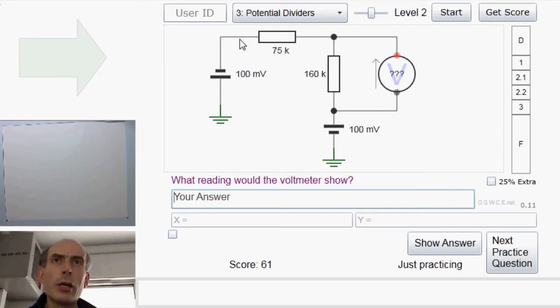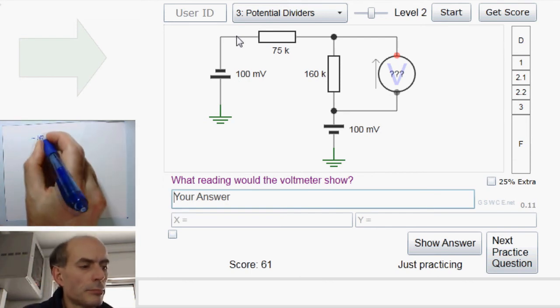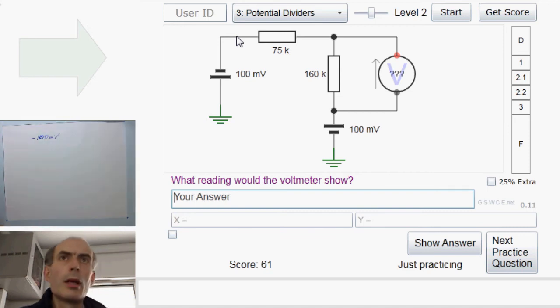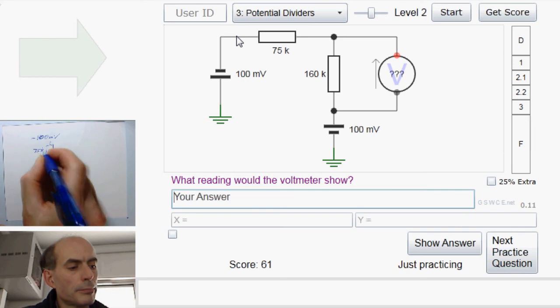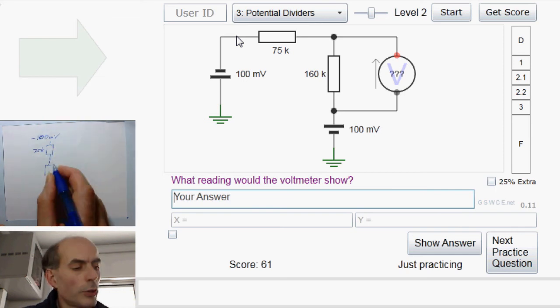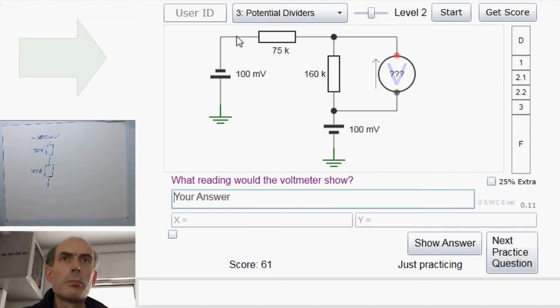So at this point here, we've got minus 100 millivolts. And then we've got 75k resistor, and 160k resistor. And this point here would be at plus 100 millivolts.